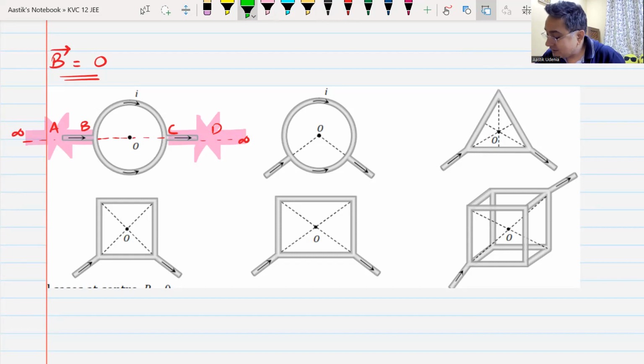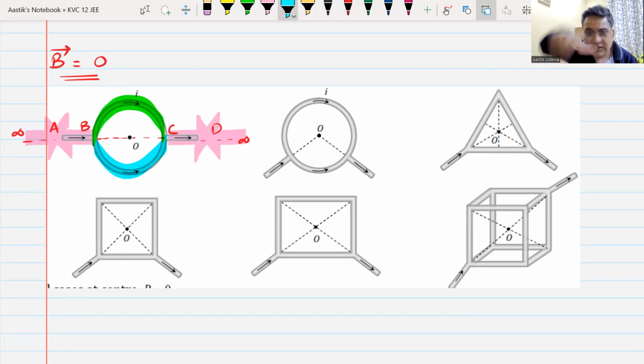Now look at the green wire and look at the blue wire. When the green and the blue wire are semicircles, you can understand that current will be divided equally. Due to the green wire, if you move the cork, the magnetic field will go inside, and because of the blue wire, magnetic field will come outside.